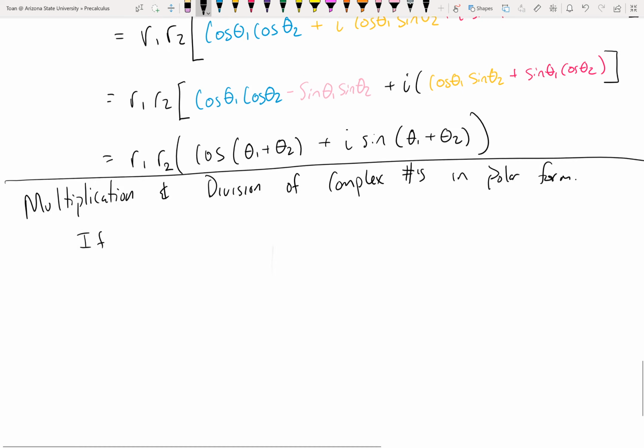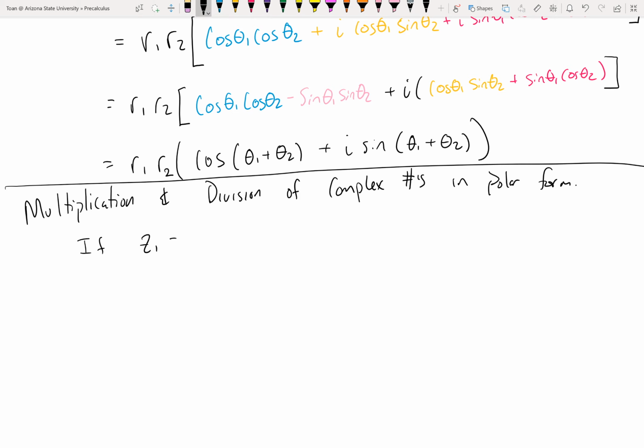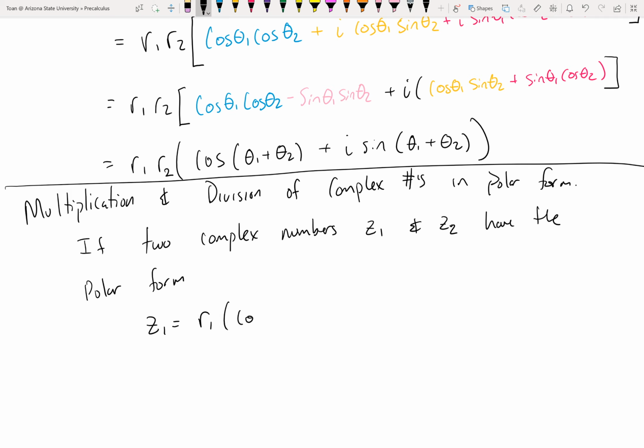The official statement, the formal statement says, if two complex numbers, z sub 1 and z sub 2, have the polar form, z sub 1 equals r sub 1 cosine of theta sub 1 plus I sine theta sub 1, z sub 2 equals r sub 2 cosine of theta sub 2, not 1's, 2, stop rushing, plus I sine theta sub 2.